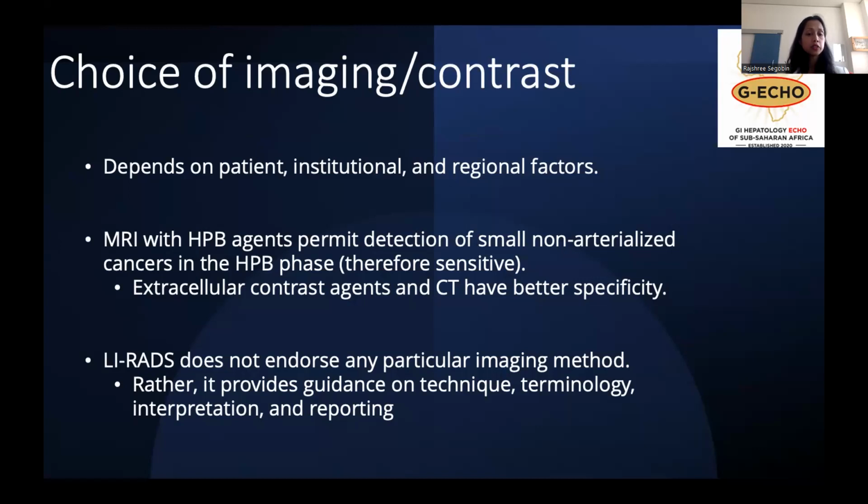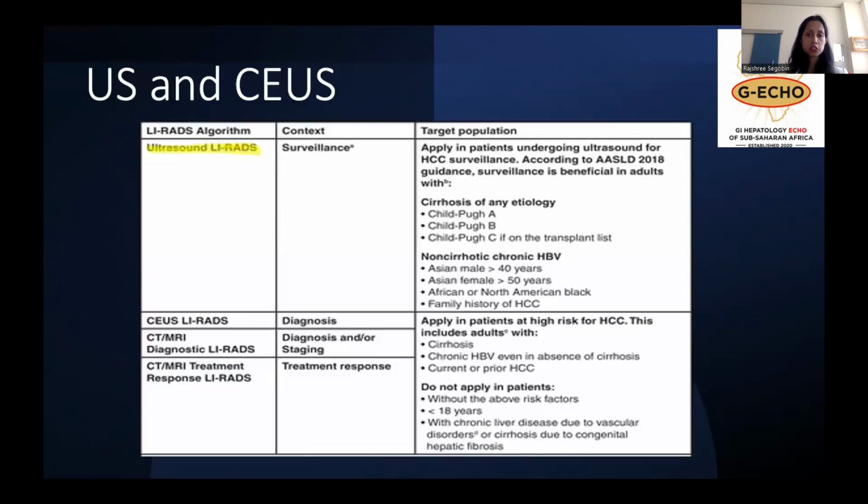But when you do have an MRI and hepatobiliary phase agents, this enables detection of often small non-hypervascular, non-arterialized cancers in the hepatobiliary phase, and therefore it's more sensitive to these small lesions, whereas extracellular phase agents have better specificity for larger lesions. LIRADS, however, doesn't endorse or recommend any particular imaging methods, but gives guidelines on the techniques, terminology, interpretation, and reporting of these lesions.